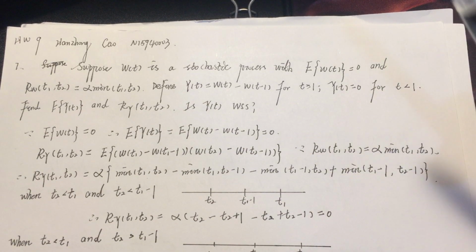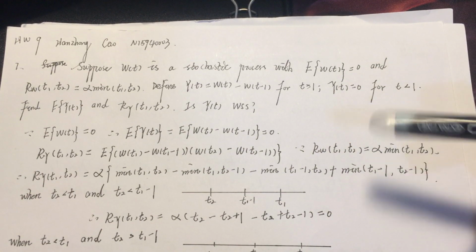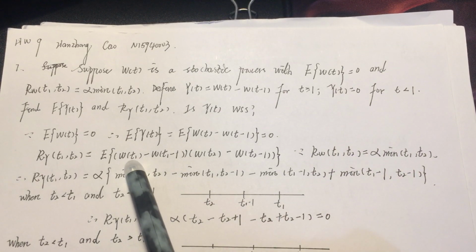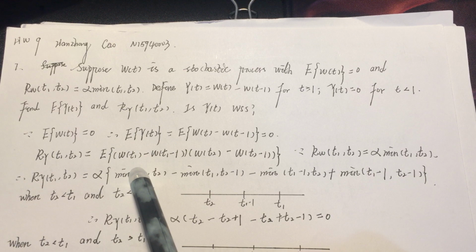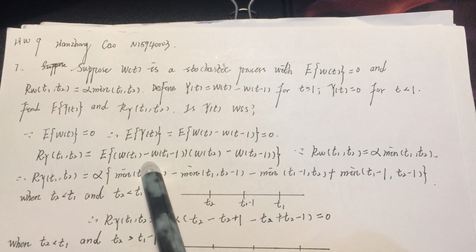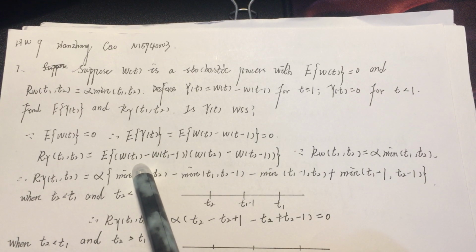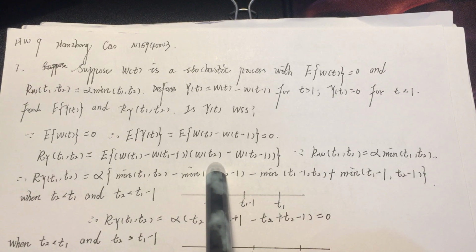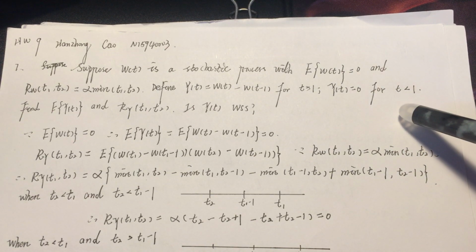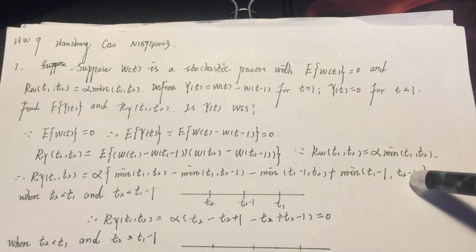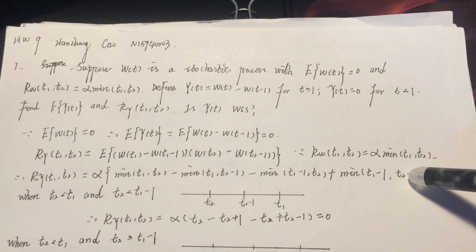And R_Y(t1, t2) equals expectation of W(t) ... we just replace each term with t1 and then multiply by t2. Also, we know that R_W(t1, t2) equals alpha multiplied by minimum of t1, t2.